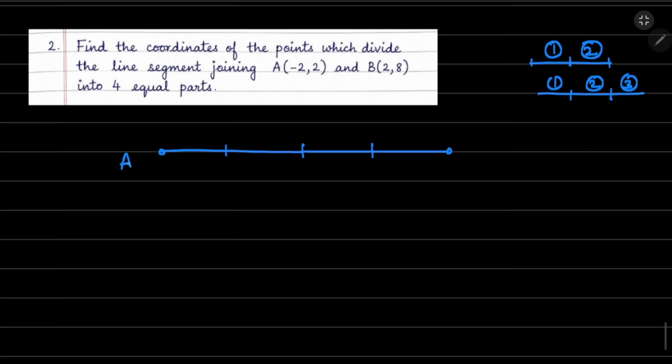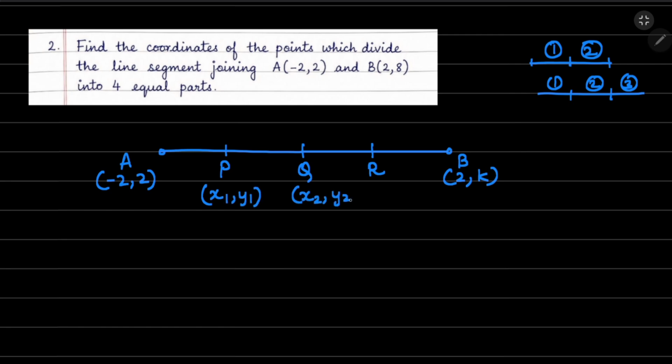So, the end points are A (-2, 2) and your B point is (2, 8). Let the points that are dividing the given line segment AB into 4 equal parts be P, Q and R. So let P be (x1, y1), Q be (x2, y2) and let R be (x3, y3).